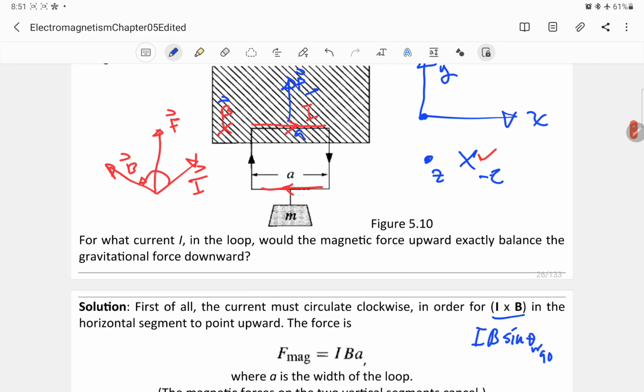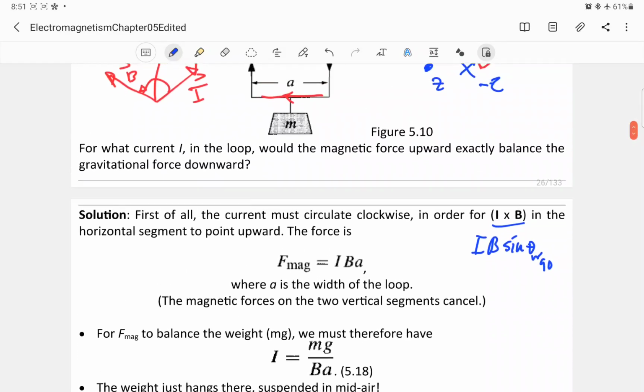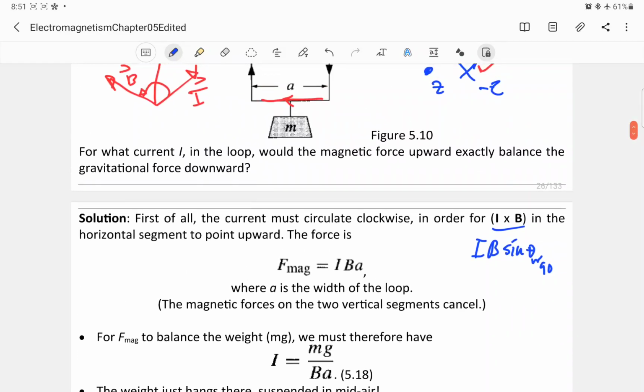So finally, the magnitude of the force going up is IBA.